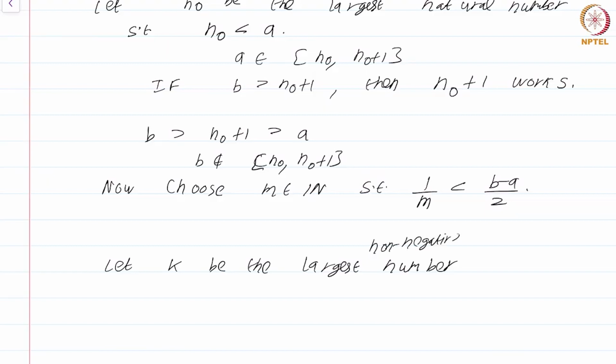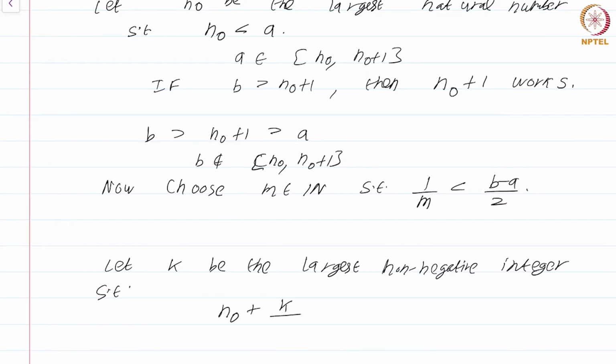It's not just a non-negative integer. Let me just make that precise: non-negative integer, such that n naught plus k by m is less than a.